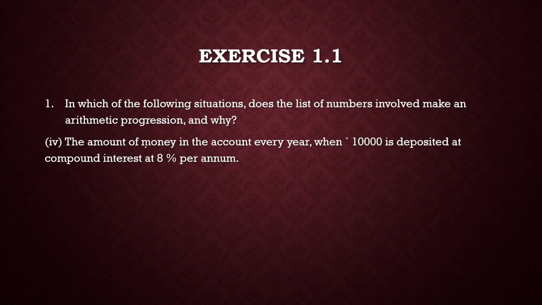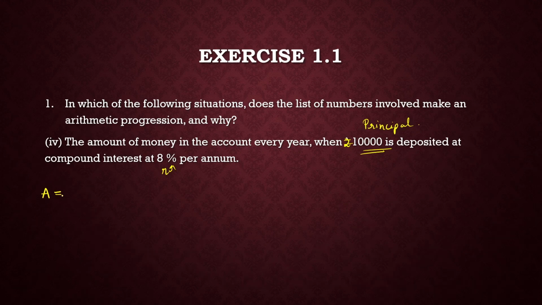Next question. The amount of money in the account every year when rupees 10,000 is deposited, so this is your principal value, with compound interest at a rate of 8% per annum. There's a formula, I hope you remember this.